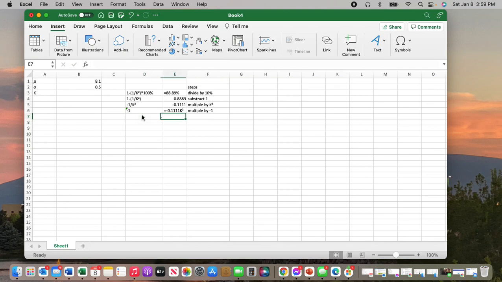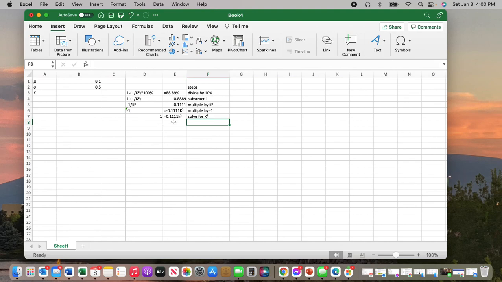So we have that 1 is going to equal 0.111 k squared. Okay, so now we need to solve for k squared.